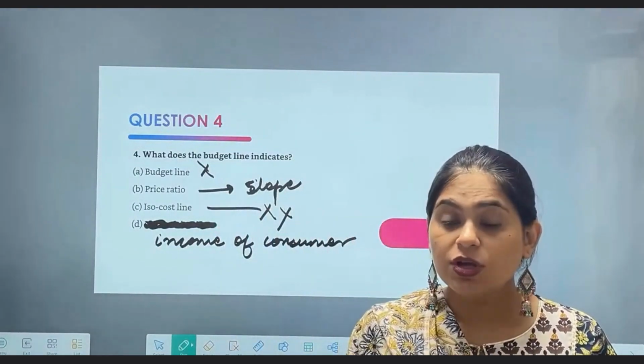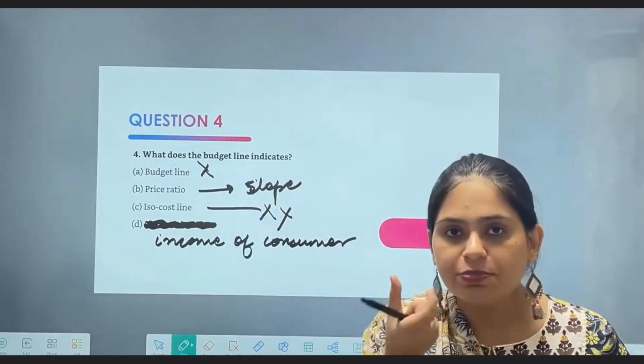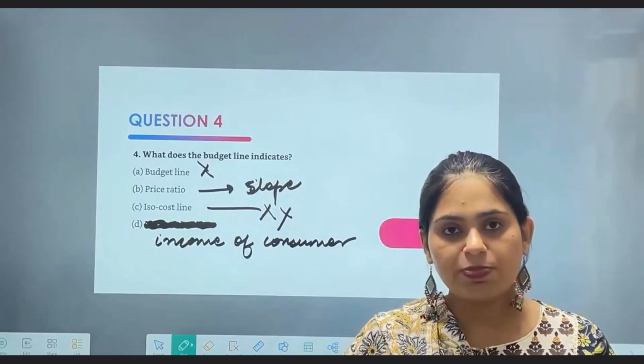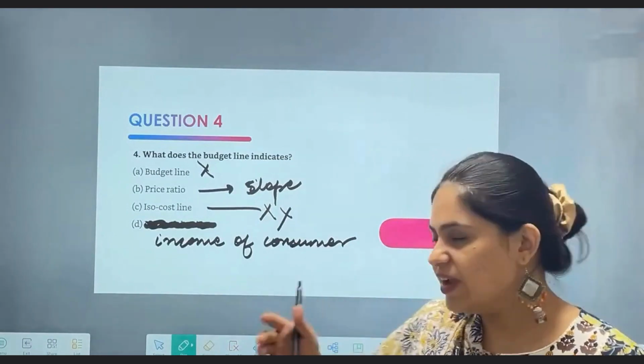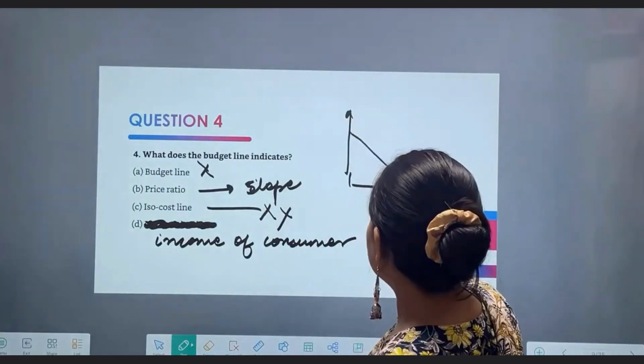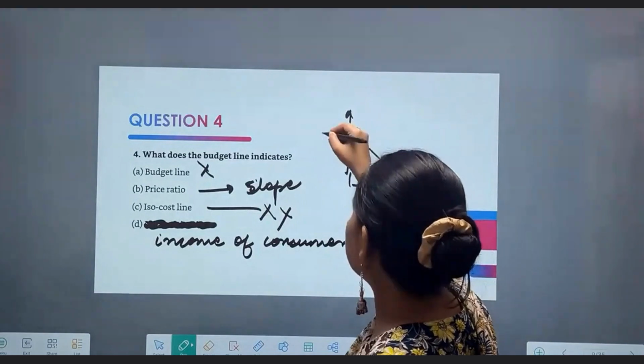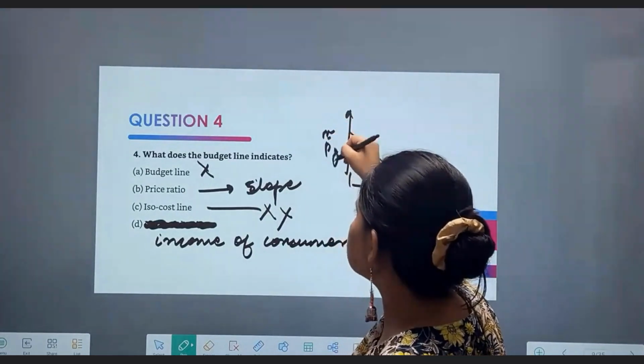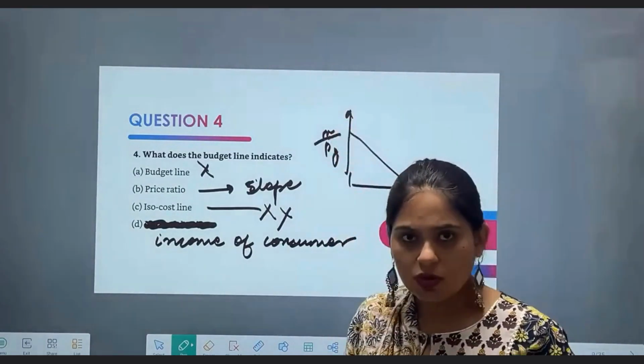Now, you may of course think that the budget line also represents the income. The intercepts that you get on the budget line, M by Px and M by Py, of course represent the income of the consumer also.